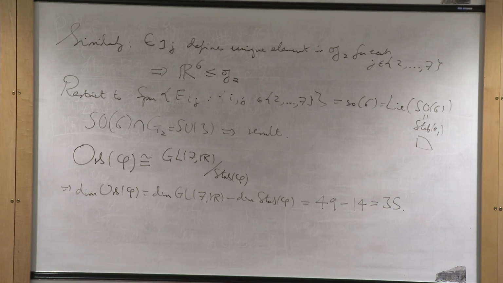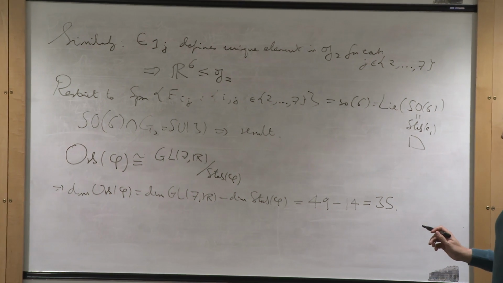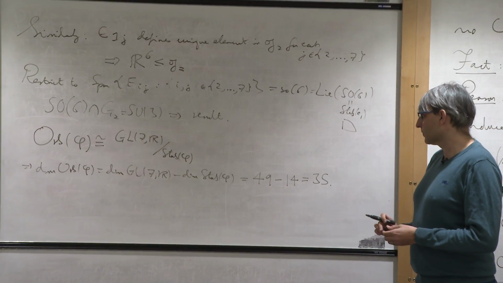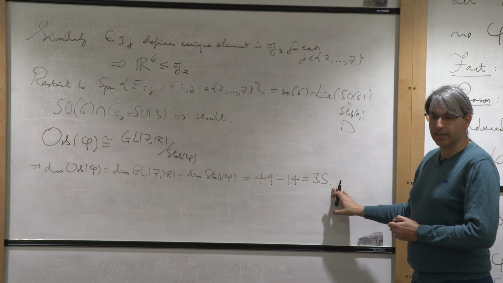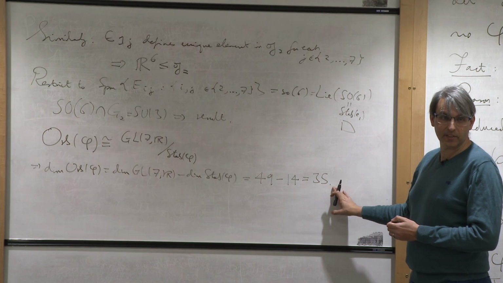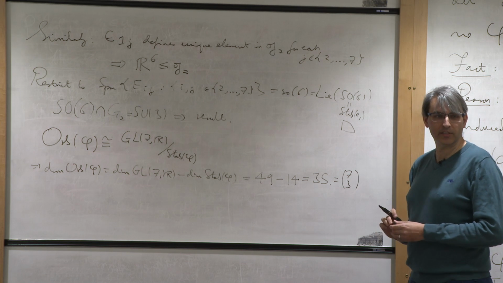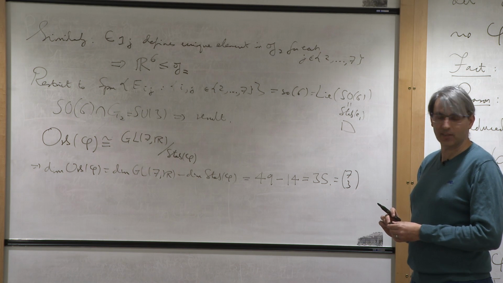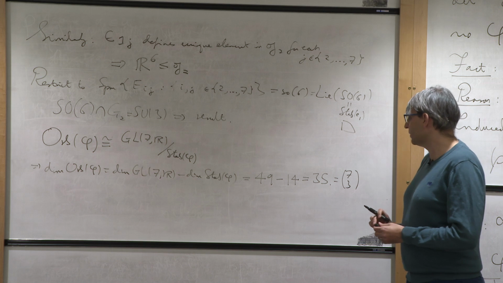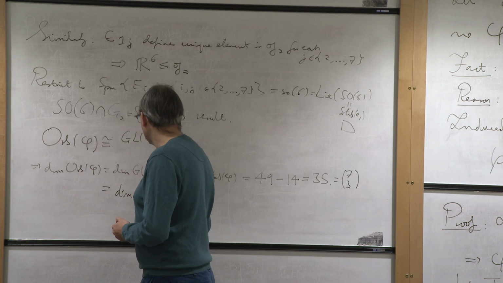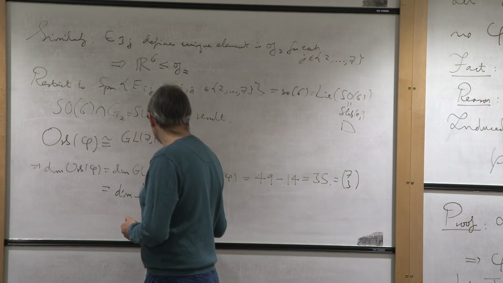Why is that number significant for us? Do we know? Why do we care about this number? This number is 7 choose 3. That's another way to think about it. Does this help you? Enough hint? This means that it's the same as the dimension of the whole space of 3-forms on R7.